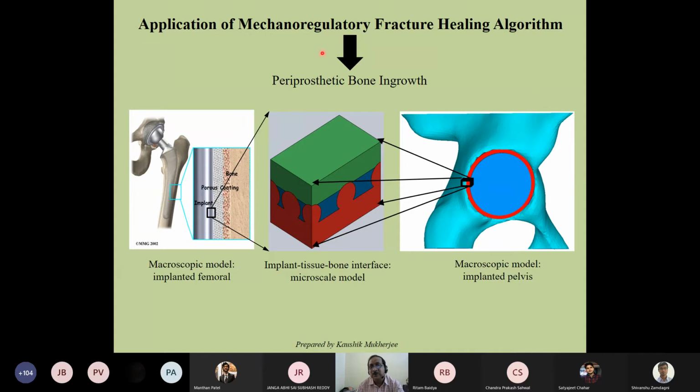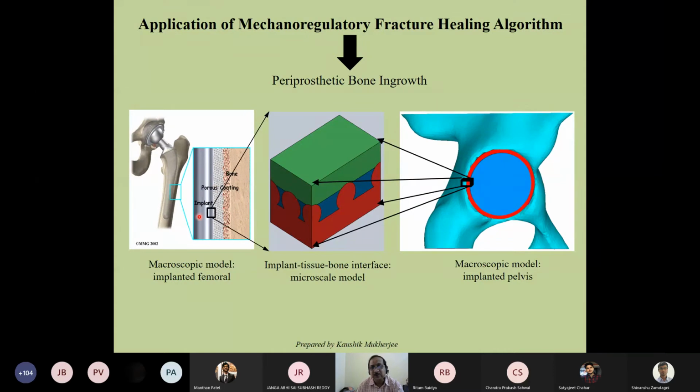So with all the theory and review of literature, we set out to develop the fracture healing algorithm, and we applied that algorithm on, say, an uncemented implant. It was actually the implanted pelvis. On the left, you see the femoral implant, uncemented. So implant, porous coating, bone.